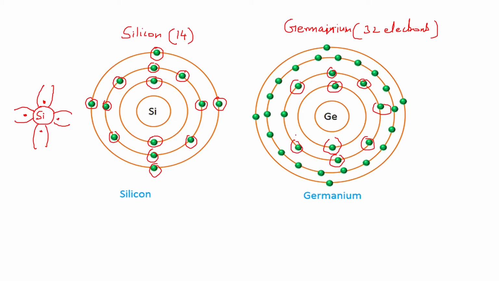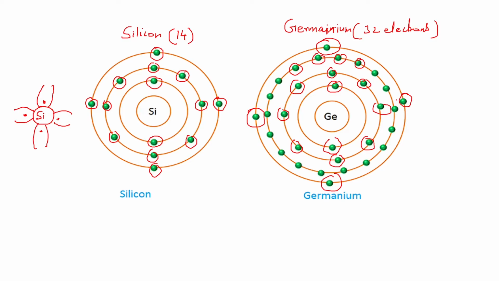So 2 plus 8 is 10. Then the third orbit can have a maximum of 18 electrons. So 2 plus 8 is 10, plus 18 is 28. Then for 32, another 4 will remain, and those 4 will be in the last orbit. These 4 are your valence electrons.